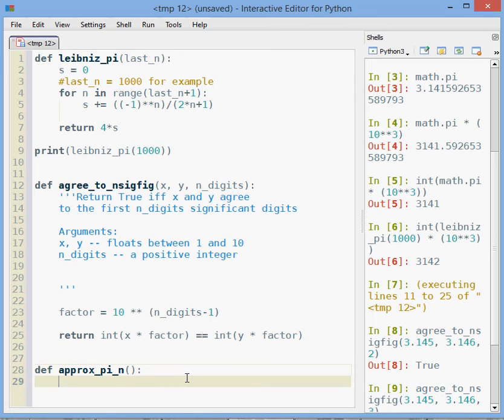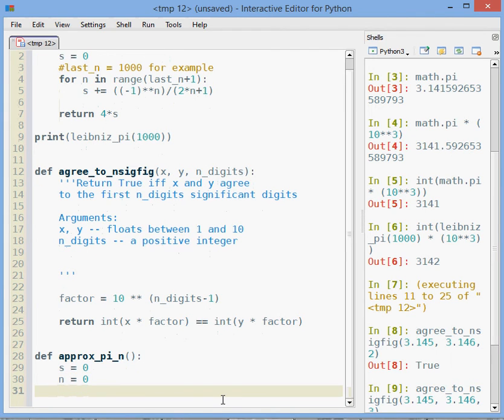So this is a while loop, right? Why is it a while loop? Because we need to keep adding stuff to s up until the point that we have an agreement. So while we don't have an agreement between the approximation and the actual pi to n significant digits, we should keep adding those terms. Okay. So we start out with s equals 0 and with n equals 0. So if you add up 0 terms, then s is 0.